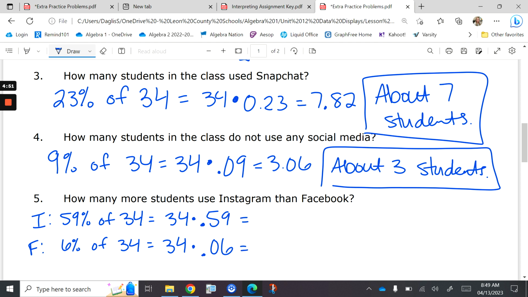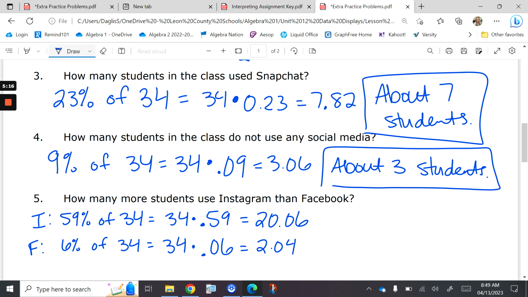Okay. 0.6 is 60%. 0.06 is 6%. It's 20.06. Thank you. And then what's the 6%? 2.04.